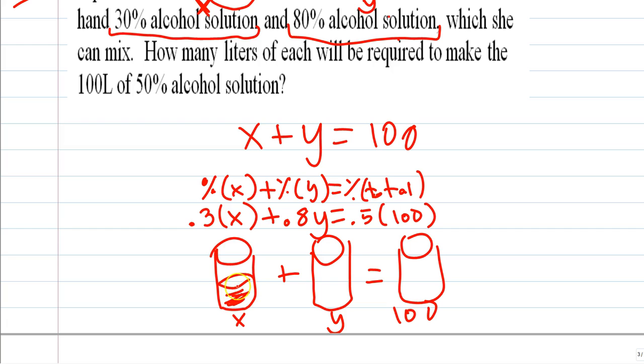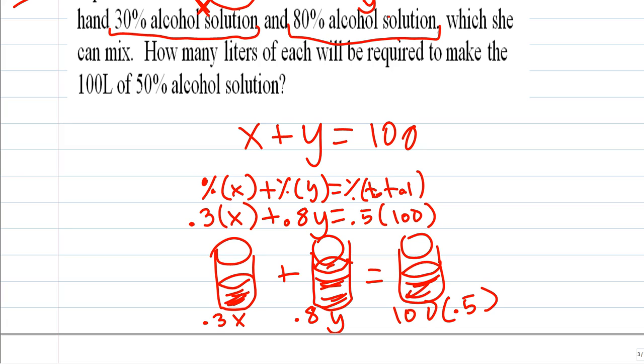That's the mixture. So that's the 0.3X plus 80% of the Y. And at the end, when I add these two, I want it to level out to what? 50% of the 100. So we're taking the total amounts, multiplying them by the percents, and then we should end up with this equation.